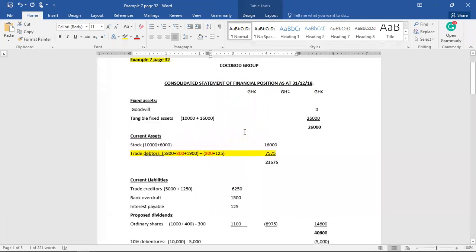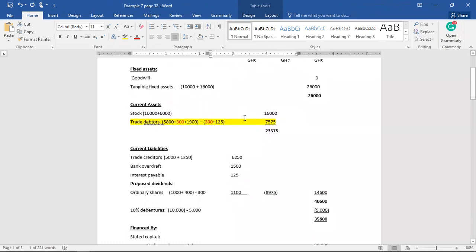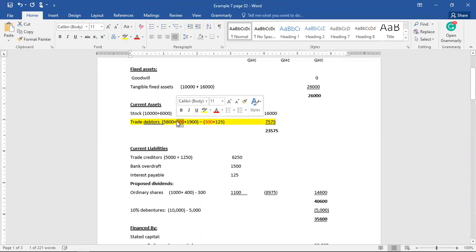The only places where the differences are now is that we don't have goodwill anymore because it has been fully written off. Your tangible fixed asset, you added 2. Your stock, you add it. Trade debtors, your 5,800 plus the 300 here to include the omission error into the account, plus the other debtors.